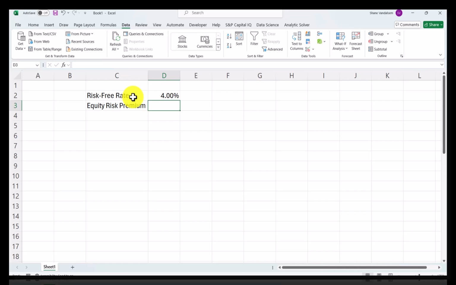The equity risk premium usually ranges in between 3% and 7%. And what that means is that the average investor investing in the average stock requires a return of between 3 and 7% above the risk-free rate to induce them to invest in that average stock.